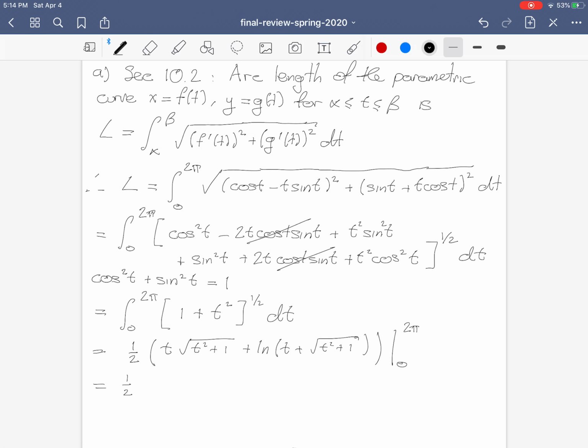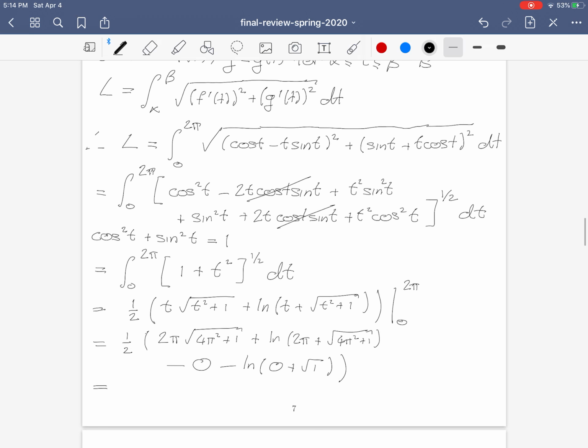To complete this, we just need to evaluate this at the limits. So we're going to get 1/2 times 2 pi times the square root of 4 pi squared plus 1, plus ln of 2 pi plus the square root of 4 pi squared plus 1. And then at the lower limit, we'll get minus 0, minus ln of 0 plus the square root of 1.